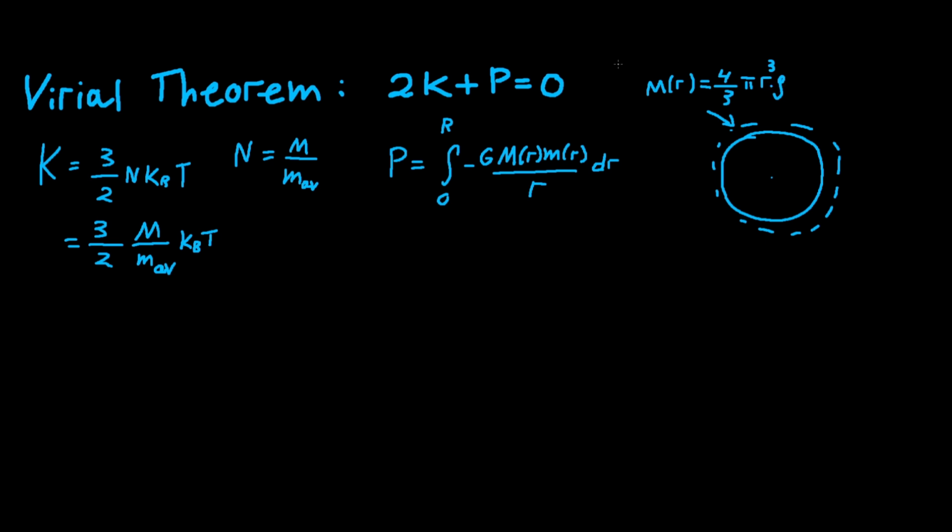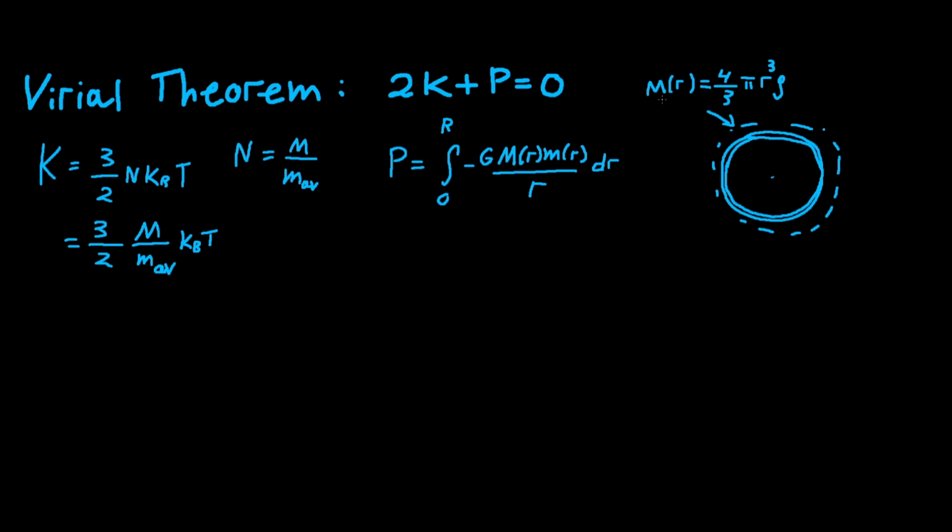Rho is the density of the nebula, r is the radius, and this is how you obtain the mass. And assume that we have a very thin spherical shell that we want to raise from 0, so from the center, to some other radius r.